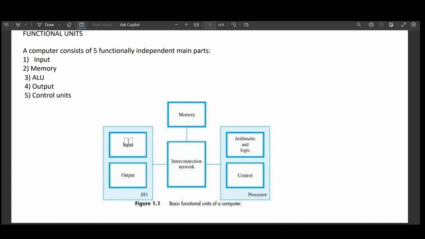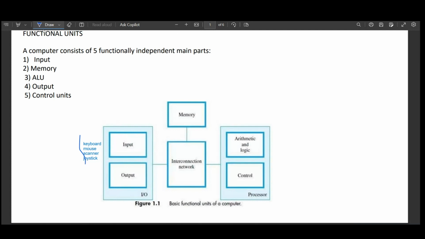So this is input. What is an input? You all know keyboard is an input, mouse is an input, scanner is an input, joystick is an input. All these are inputs. With the keyboard we give input, the mouse is used to move the cursor.